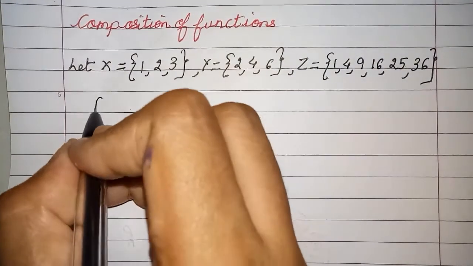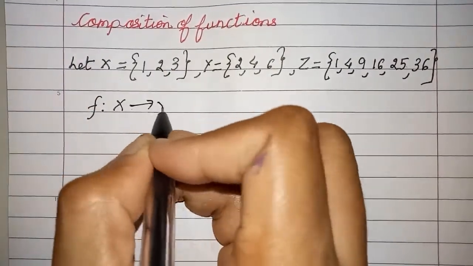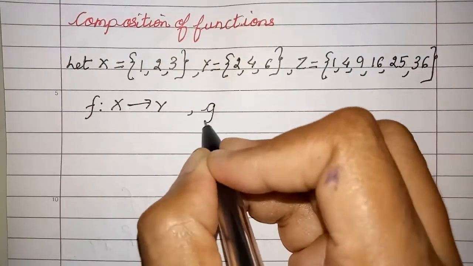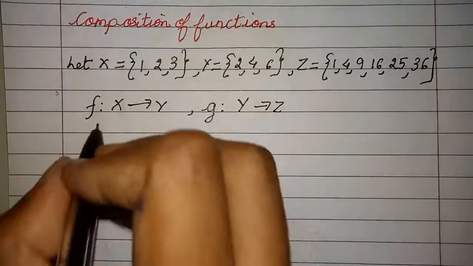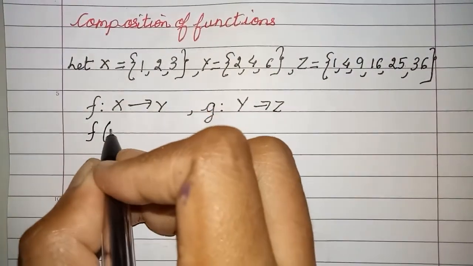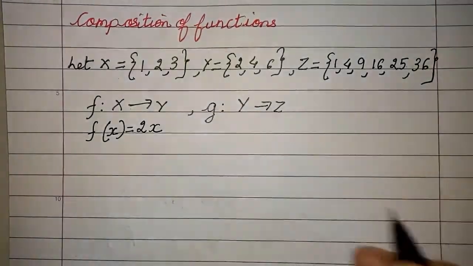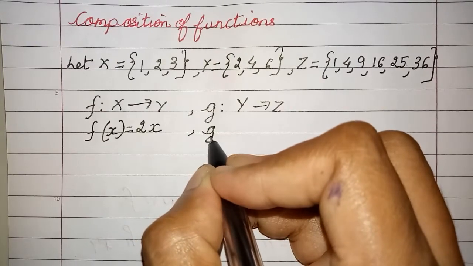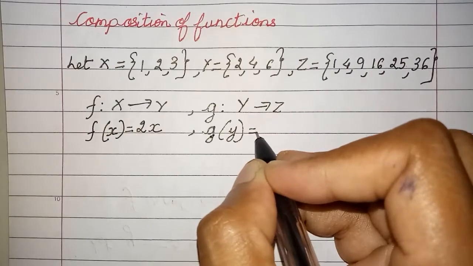Now you have a function f defined on x and y such that x is the domain, y is the codomain. Similarly, I am going to have another function, say g, from y to z. Now f of x is defined as f of x equal to 2x, and g of y is defined as y square.